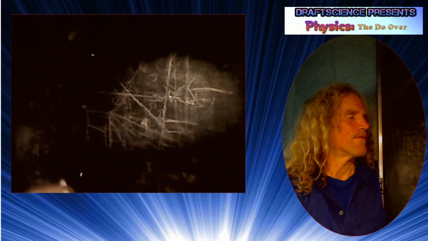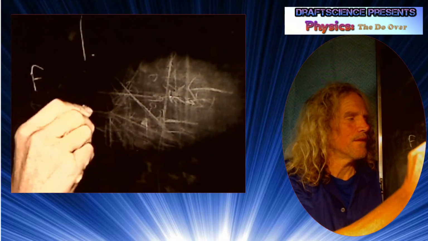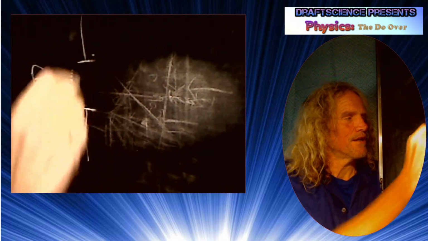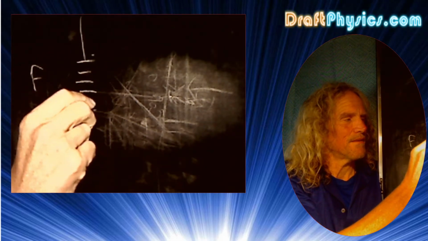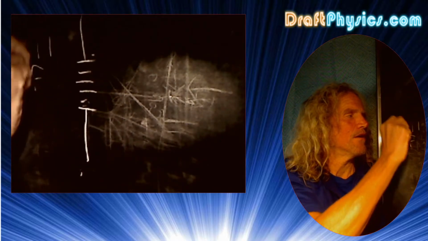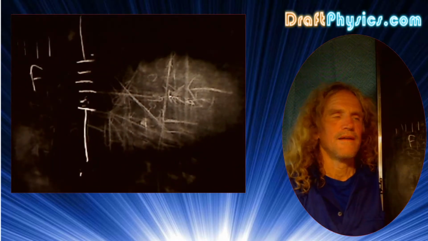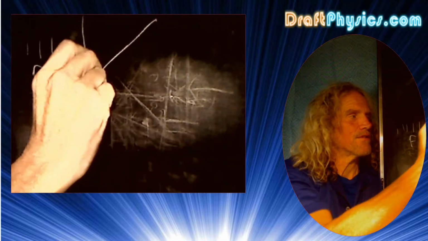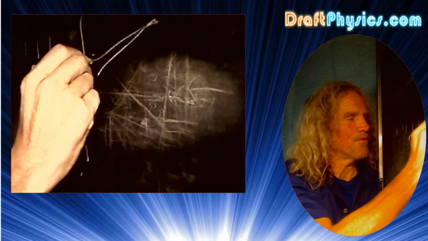So all you have is the frequency coming in. You have the distance between here and here, which just tells you how many wavelengths fit in that difference. So how many of these frequencies fit in that distance, and that'll tell you how many vectors are possible from this point and this point.